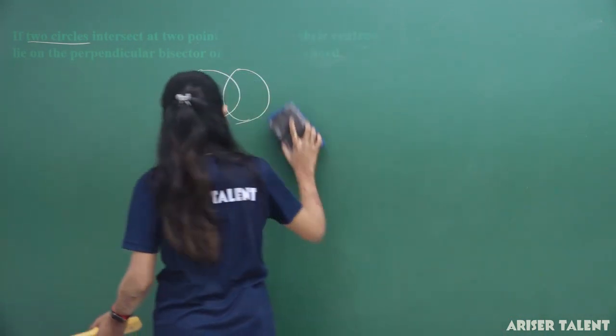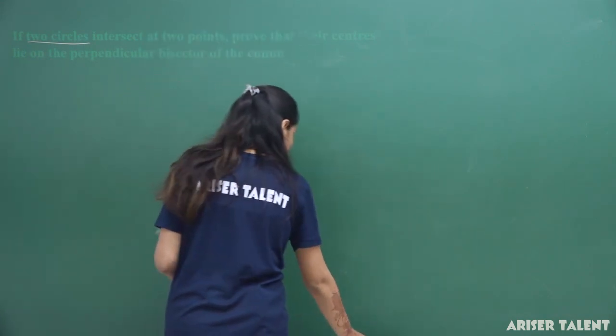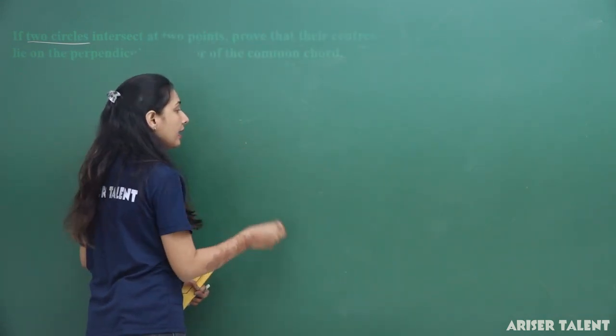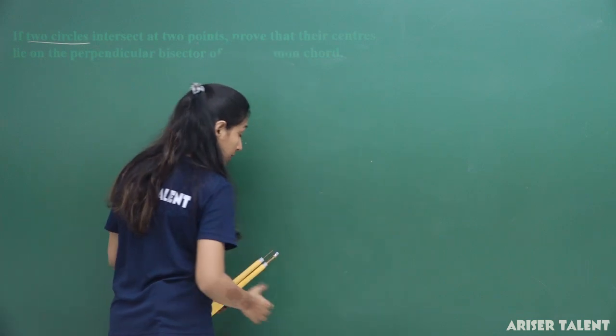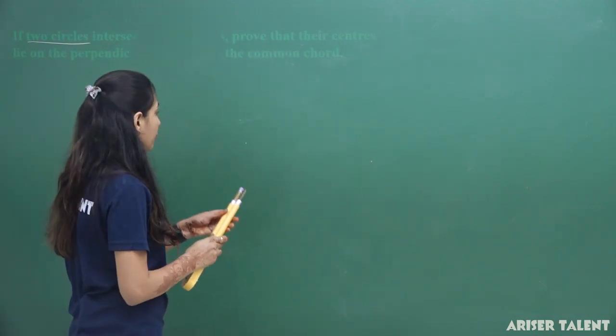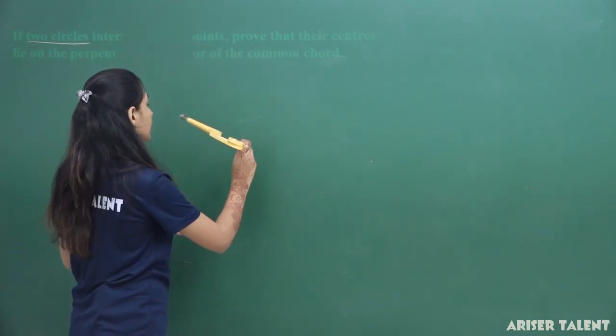Okay, let's take two circles. This is the center of one circle, and this is the center of the second circle. Okay, with any radius I am drawing these circles.